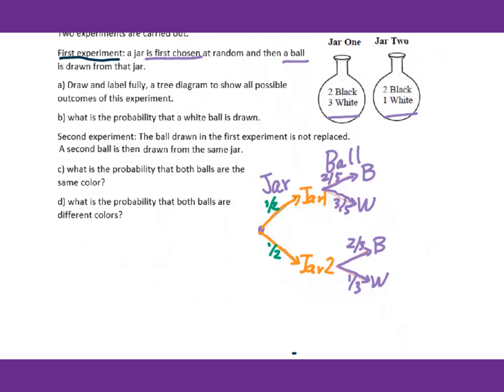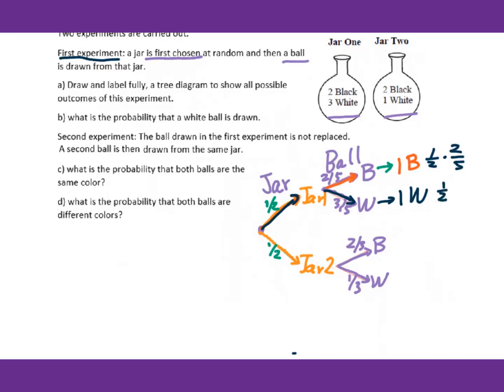Now we can analyze this tree diagram. For this line, you will get draw 1 and a black ball. It will be 1/2 times 2/5. You don't have to work this out. Then we go to this line and this line. That's the compound event draw 1 and a white ball.